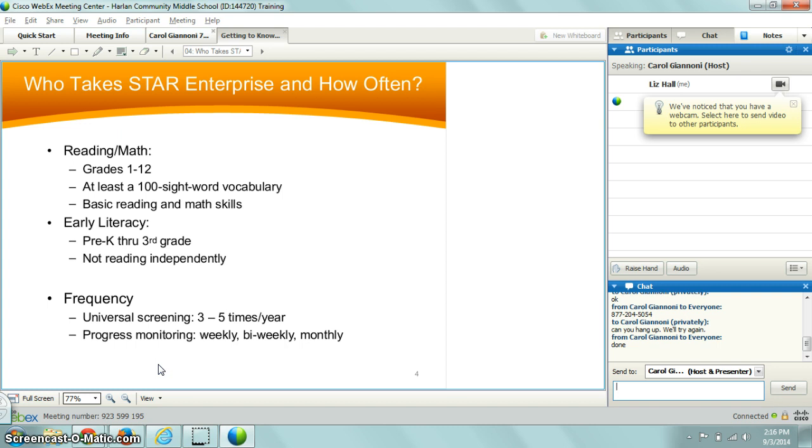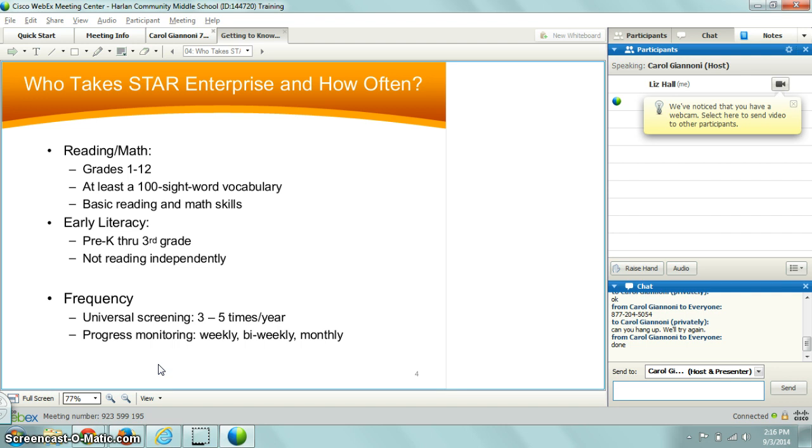Frequency: universal screening occurs 3 to 5 times per year, and that usually occurs in fall, winter, and spring. We suggest doing it as early as possible in the school year, because that gives you the baseline for the other screenings throughout the year.